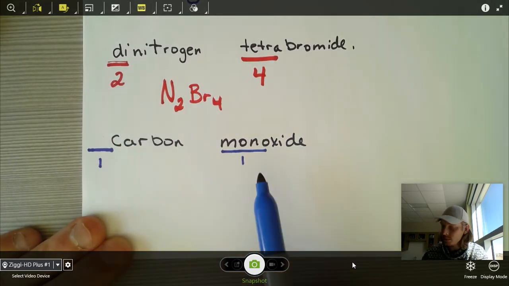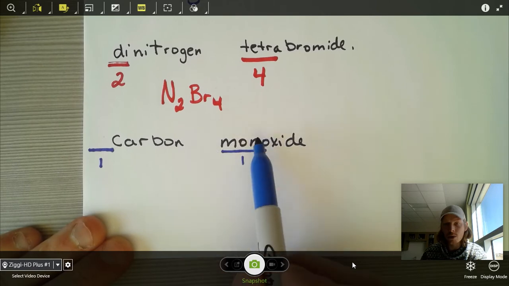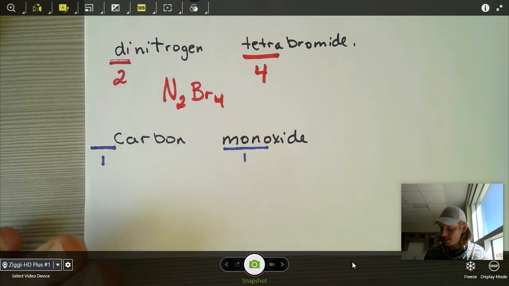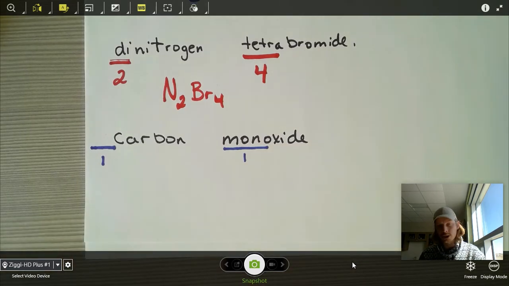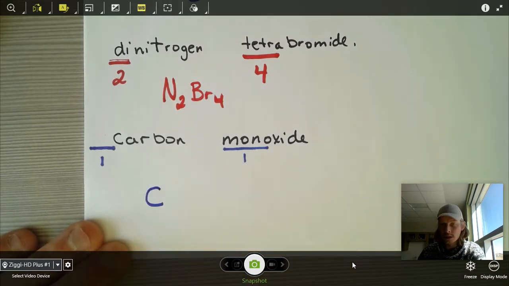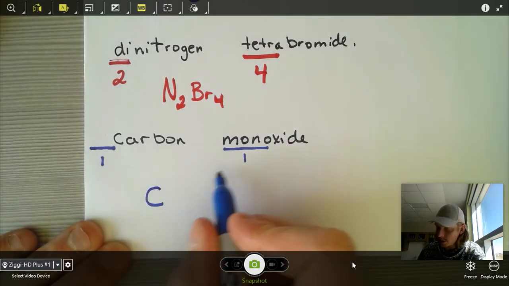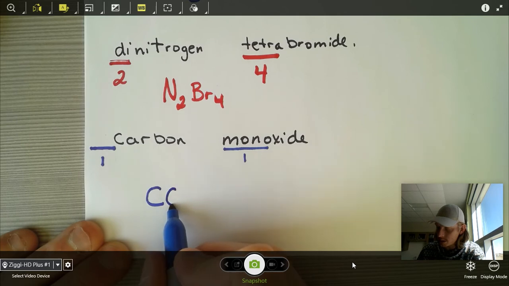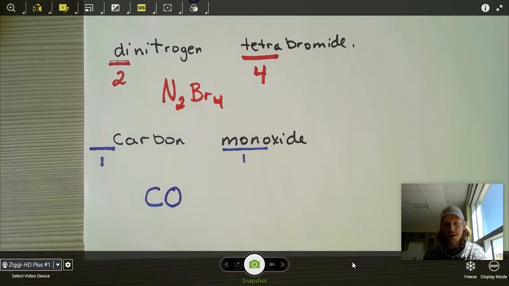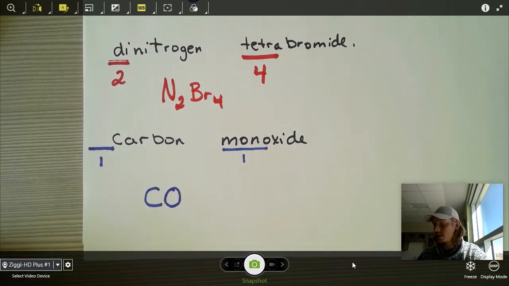The second element is always going to have a prefix, 1 or all the way up to 10. So it's just 1 and 1. We have carbon, just 1, monoxide, mono, 1, oxygen, just 1 oxygen. Again, we don't know the state, so we can't put it down. And it's as simple as that.